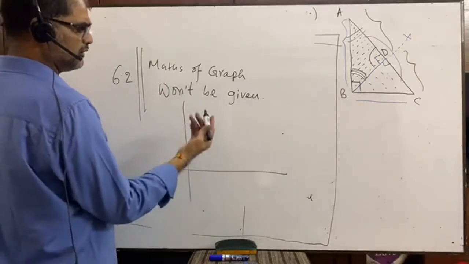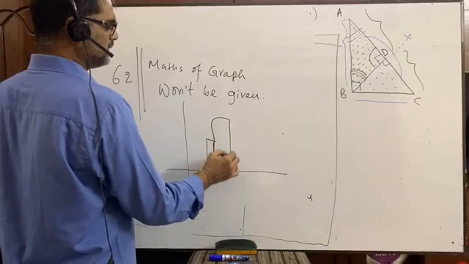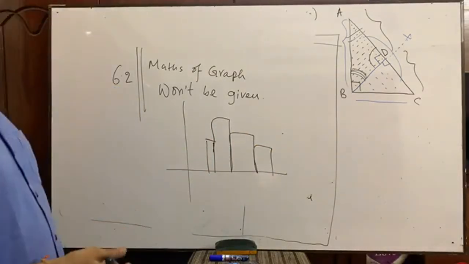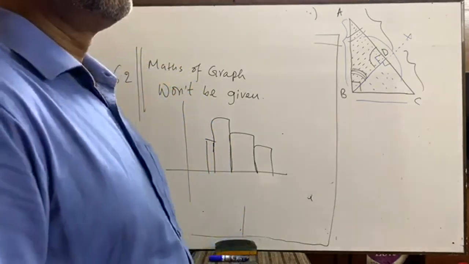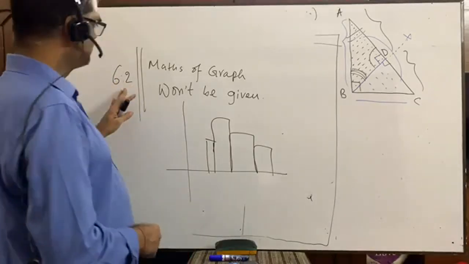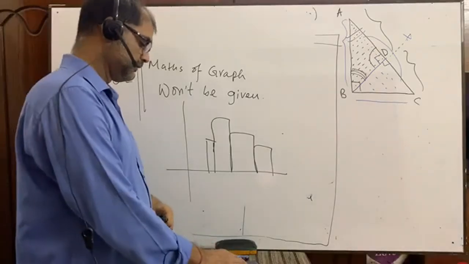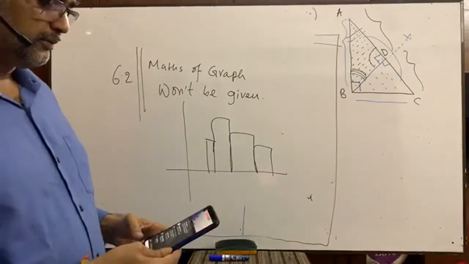It is very easy and simple, not so hard. You will get full marks, because without the histogram the question becomes incomplete. But maths of graph won't be given. It is a recommendation by your honorable Supremo sir.